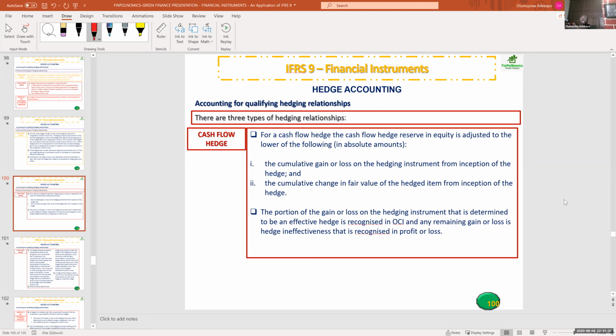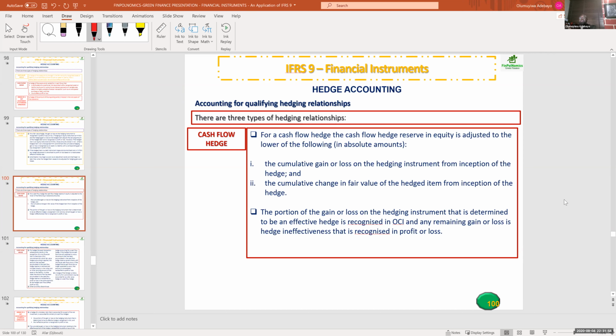Now, when you carry out such effectiveness test, which you call hedge effectiveness, let us say out of the fair value of 100,000 naira, 80% of it is effective, while 20% of it is ineffective.